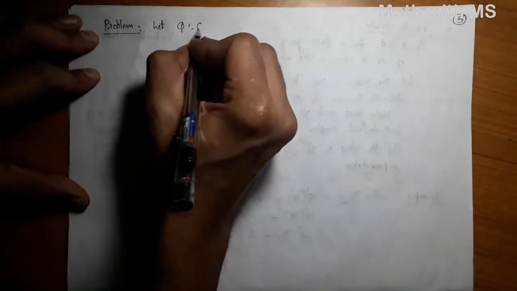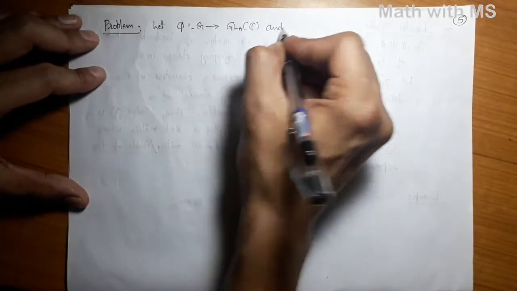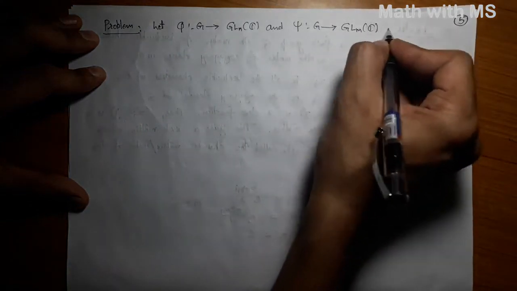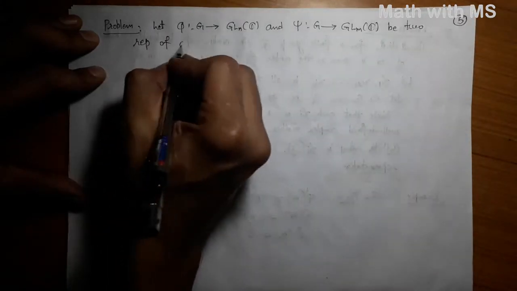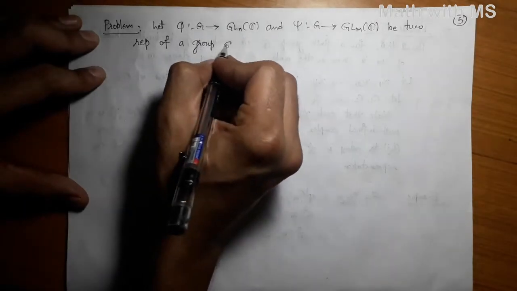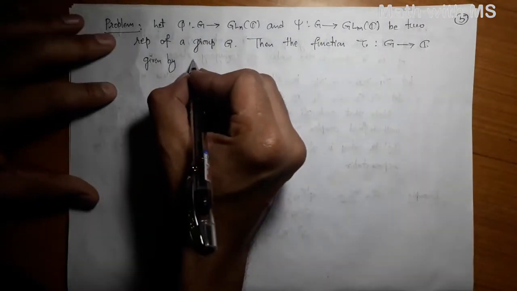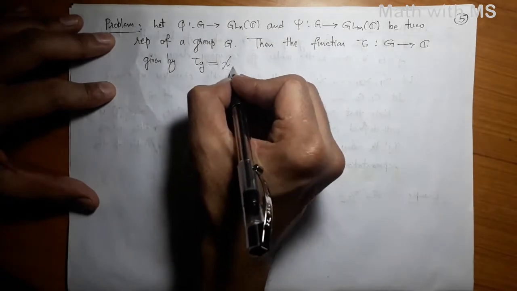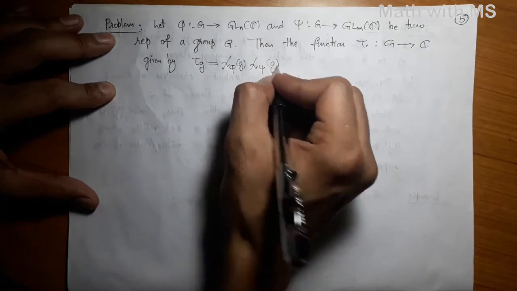Let us discuss one problem here. So let phi from G to GL_n(C) and psi from G to GL_m(C) be two representations of a group G. Then the function tau from G to C given by tau of any g equals to take the character of phi, evaluate at g, and take the character of psi and evaluate at g.